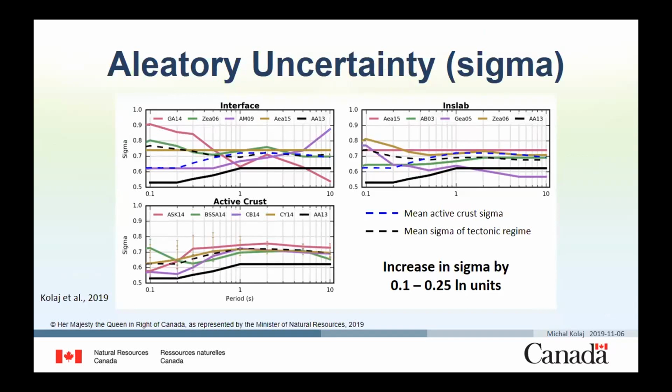In the 6th generation model, because we're using published ground motion models as published, we're using the aleatory model that those authors included in their model, and those in general are larger than the one that was suggested previously by Atkinson-Adams. And some of these increases you can see in the trend globally, that as we learn more, we think that there may be more uncertainty. So part of that is consistent with that.